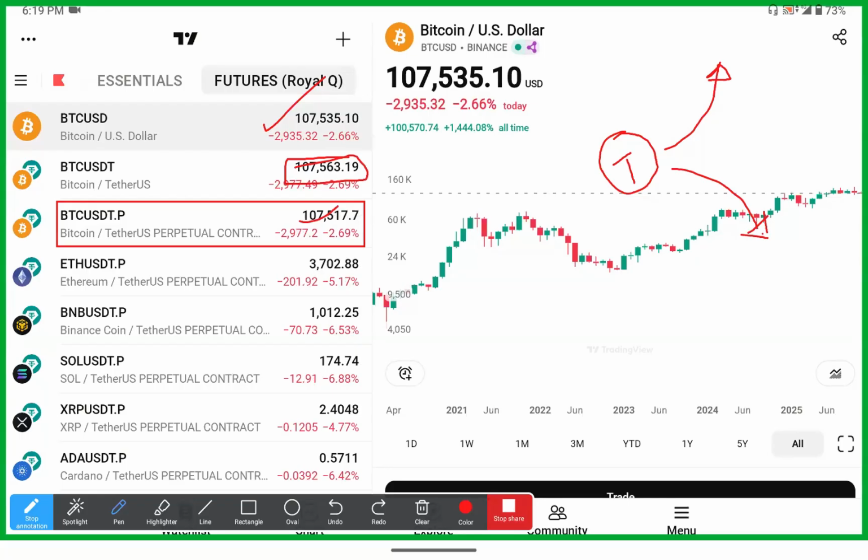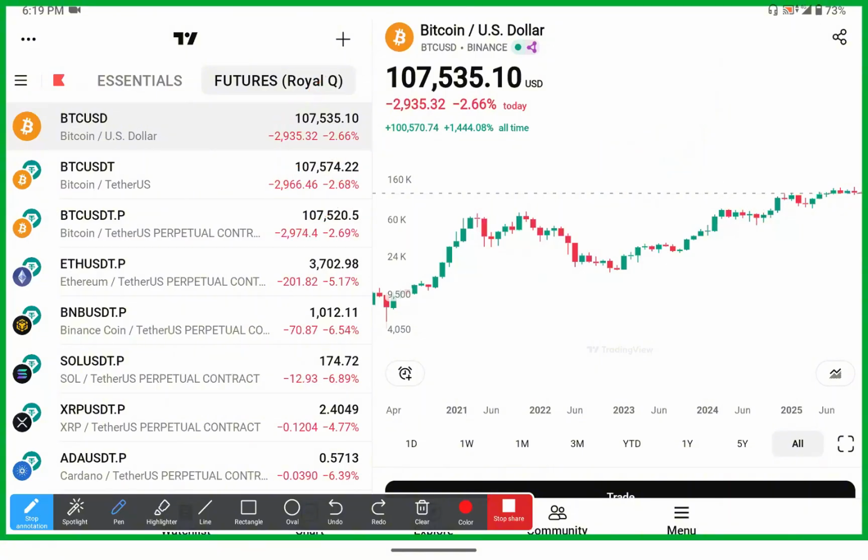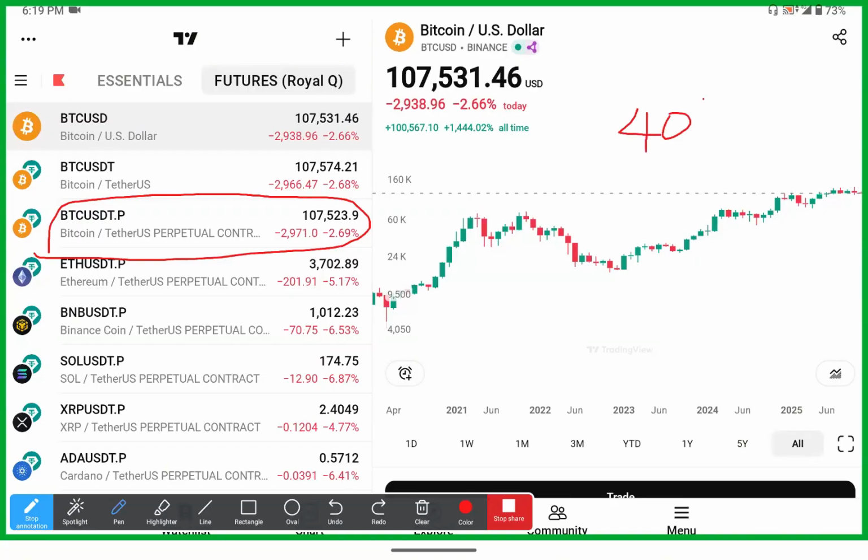Why? Because with futures or perpetuals, you are trying to predict price. For example, price may still be at 40K now. This is an illustration, I'm giving an example. The price of Bitcoin may be 40K, but you are predicting that this coin is going to reach 80K.